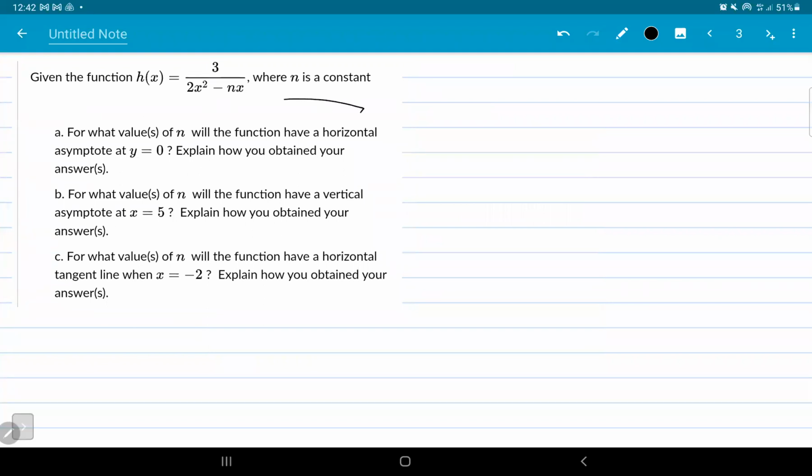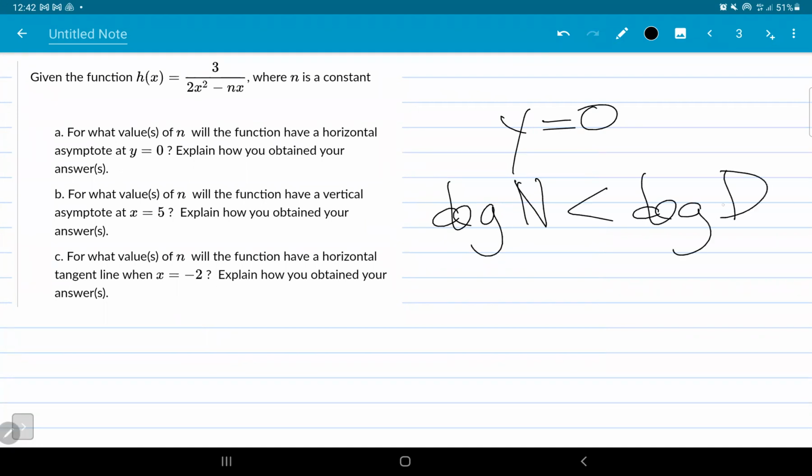For what values of n will the function have a horizontal asymptote at y equals 0? Okay. Kailan tayo nagkakaroon ng horizontal asymptote na y equals 0? Remember? If the degree of the numerator is less than the degree of the denominator, then y equals 0 is always the horizontal asymptote. And if you look at the given function, it's always the case. Ano yung degree ng numerator? 0. Ano yung degree ng denominator? 2.